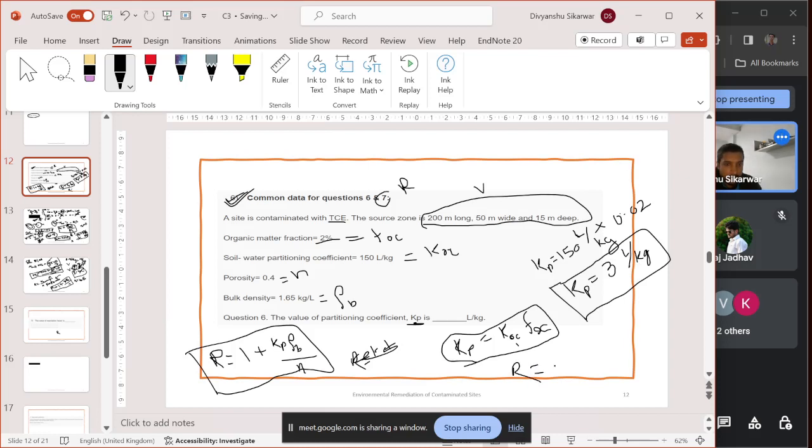R equals 1 plus Kp value, which is 3 liters per kg, into bulk density, which is 1.65 kg per liter, divided by porosity, which is 0.4.